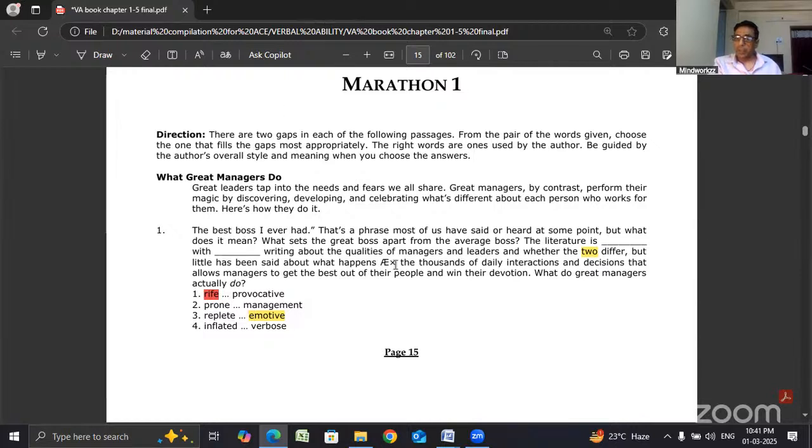After they come out with the answer key, they open a window for asking for challenges, that you can challenge their answers. So you should be aware that yes, they ask you for challenges, and most of the challenges come in the verbal ability section, reading comprehension section.